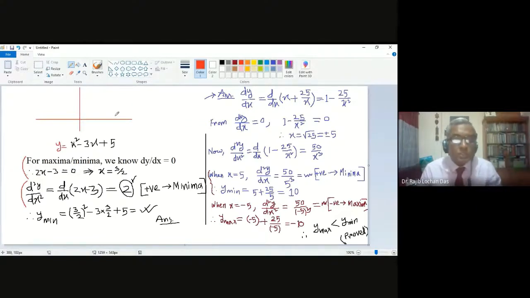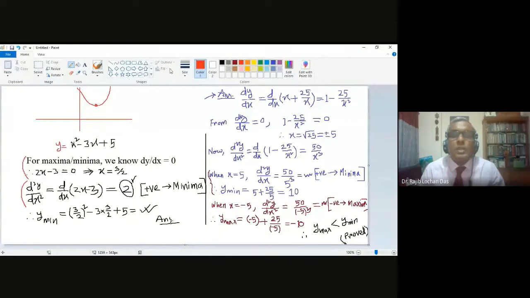And the parabola shape you already know maybe. So I am just showing it to you, then you will understand. So it will be like this. So this will be the shape of this graph for question number 1. And the lowest point is the minimum. This is the minimum point.